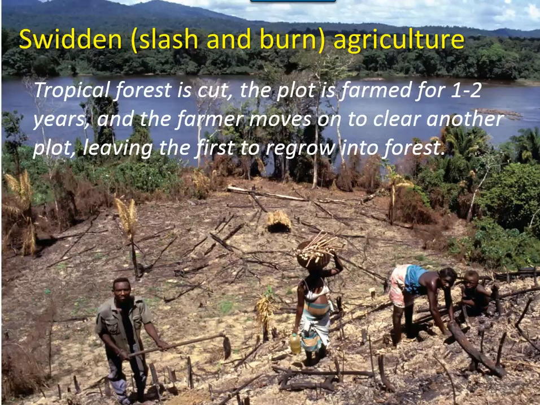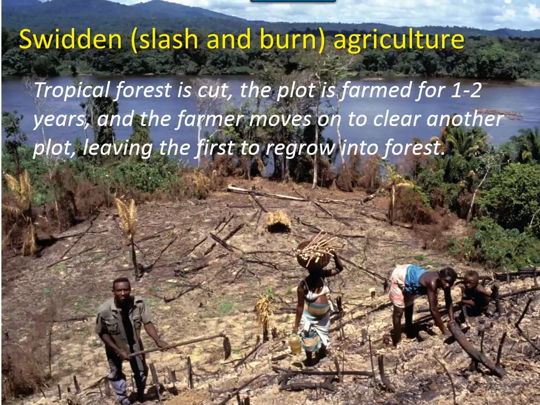So a little introduction to a term here. It's called swidden or slash and burn agriculture. This is when a tropical forest is cut and the plot is farmed for 1 to 2 years, and the farmer moves on to clear another plot, leaving the first to regrow into forest. And this is commonly seen in developing countries.